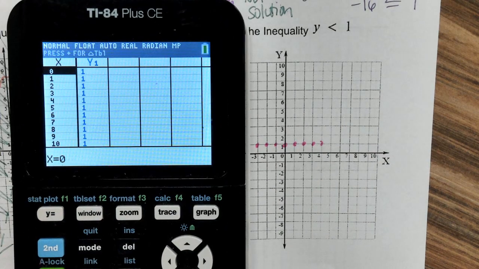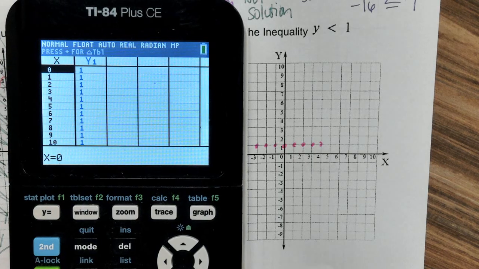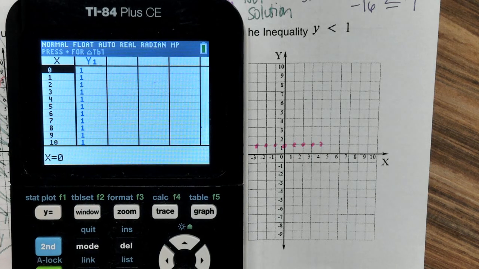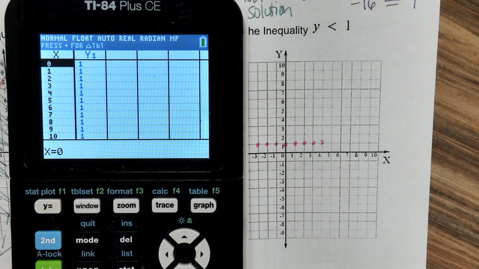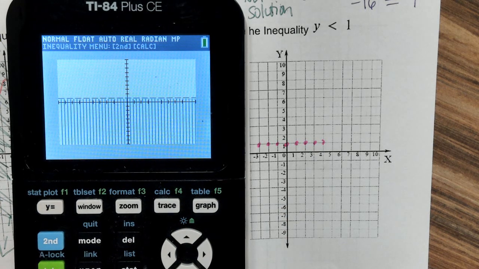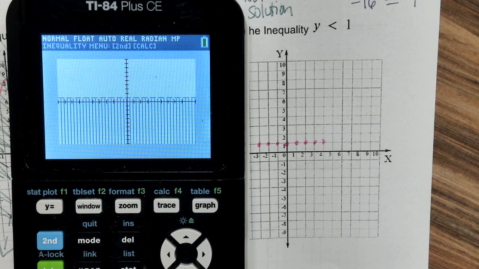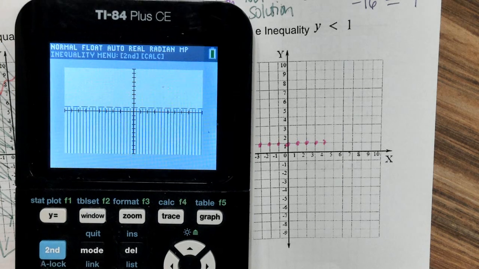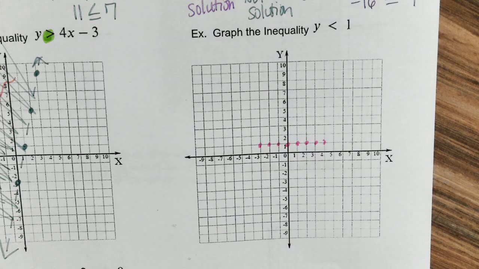Now I can look if it's solid or dashed and which way I shade. What would I push to get there? Second tree. No, that's how we solve equations. Graph. So is it going to be solid or dashed? Dashed, and which way am I going to shade? Down. Bless you.